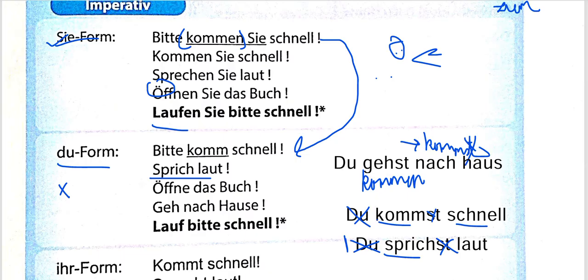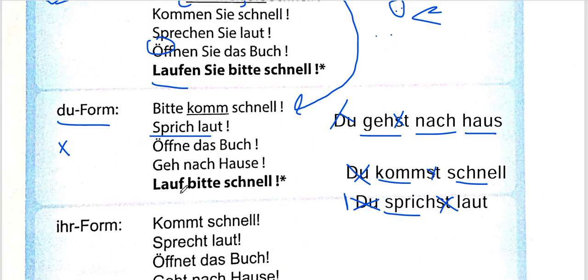Yes, but we can convert it into a smaller sentence. So that is why we are using imperative. I will simply remove the du and the st, so I'll just get "Geh nach Haus". Similarly, here I have "Lauf bitte schnell". In the Sie form, we have "Laufen Sie bitte schnell" and "Lauf bitte schnell", both in bold, because laufen has an umlaut, which is not there here because it is an irregular verb.